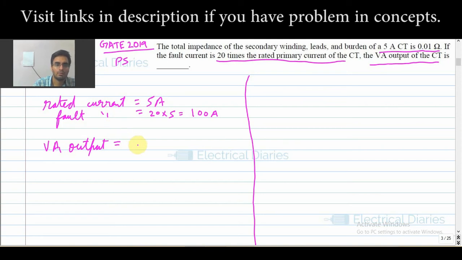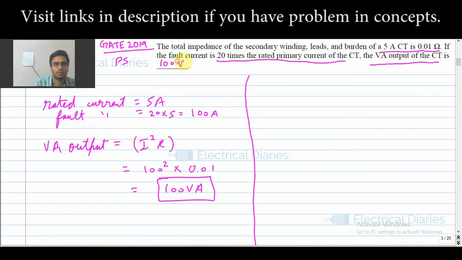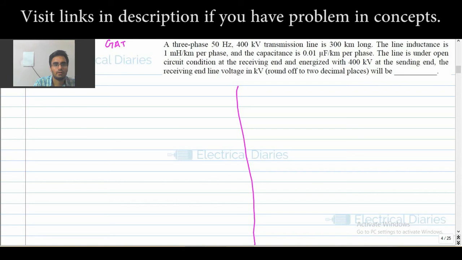The VA output can be written as I square R. This is 100 square into 0.01, and this will be 100 VA. If you want, you can remember this type of question. The rest you can find in the links in the description.